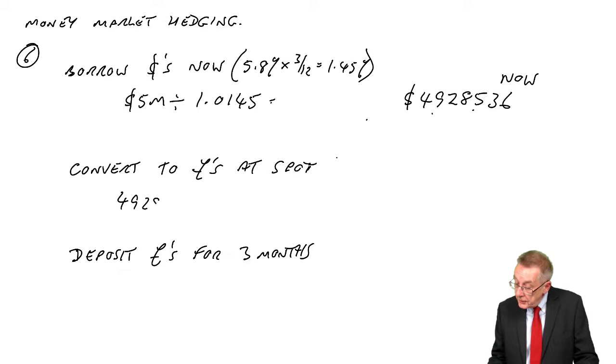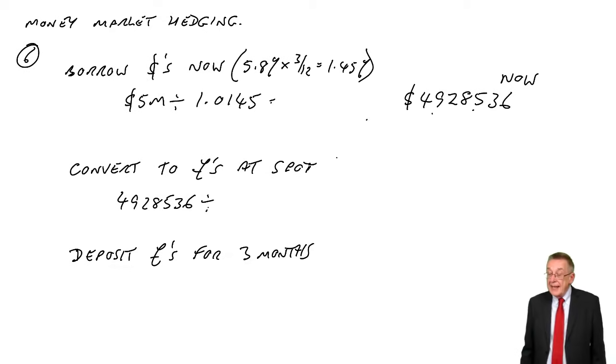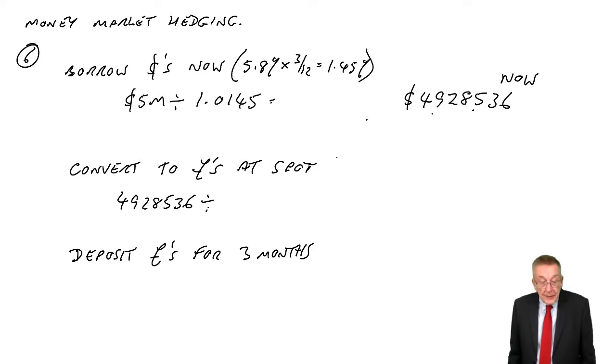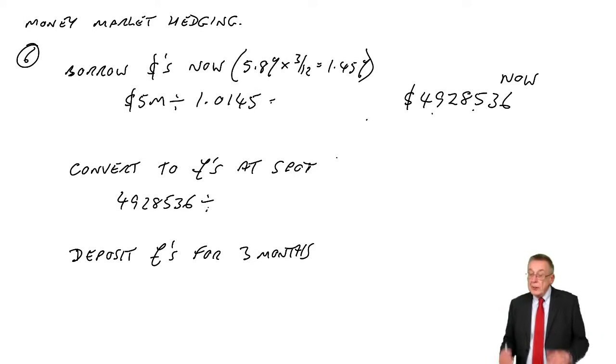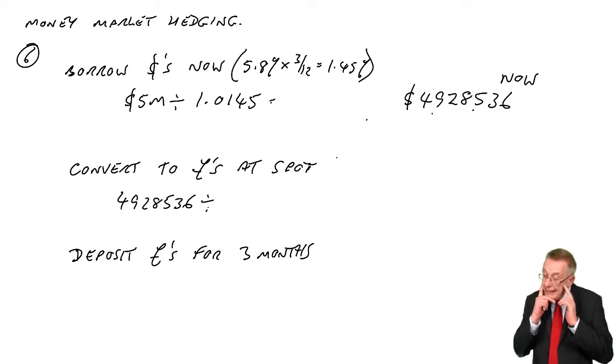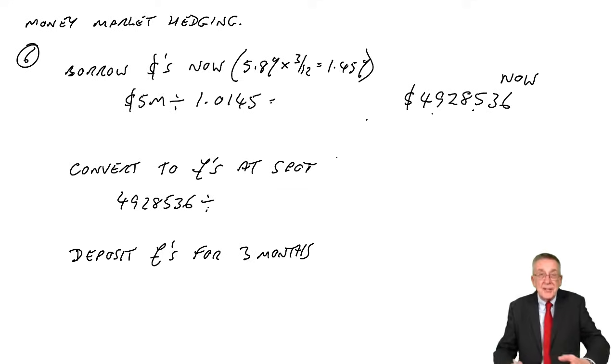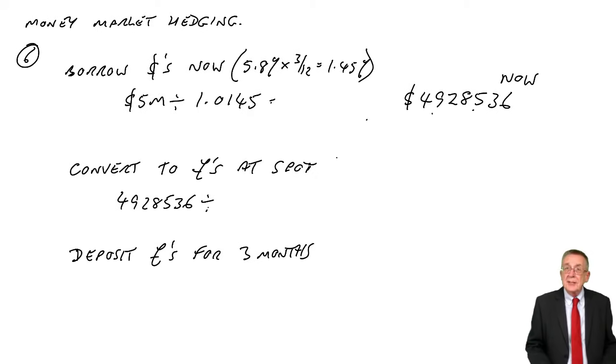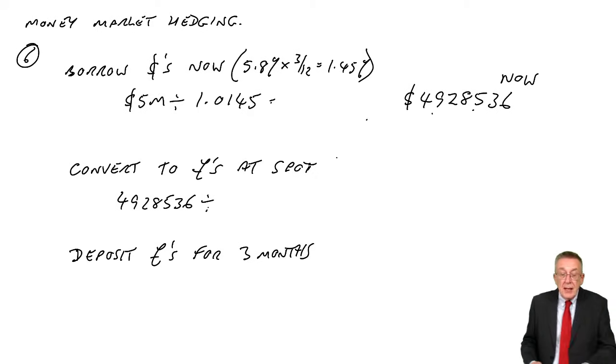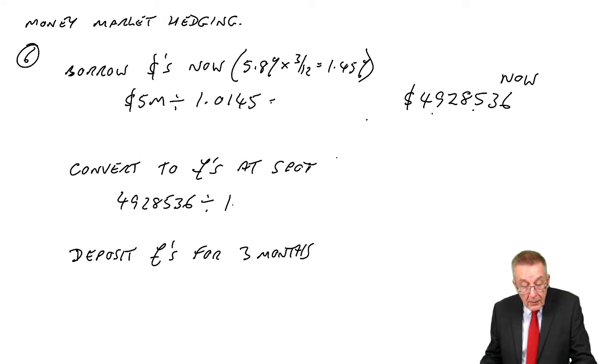So $4,928,533.6. The spot rate today, well, 1.5384 to 1.5426. Which rate am I going to use? What's happening? We've got dollars, so I'm going to sell dollars to convert into pounds. The dollar sell rate, 1.5426.